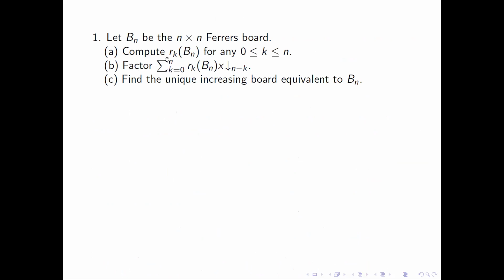You should know a way to factor it based on what we've just been talking about for two lectures. Find the unique increasing board that's equivalent to Bn. So Foata-Schützenberger, right? Here's a hint: for B and C you should be able to use the theorems that we learned.